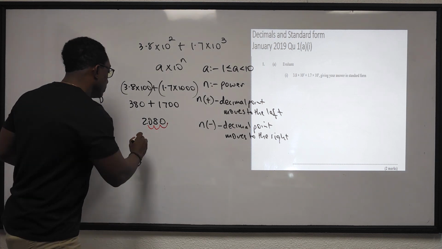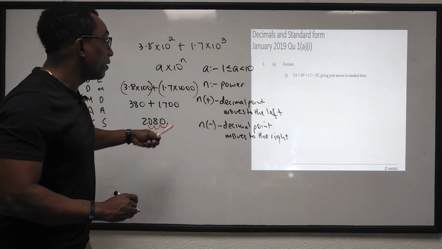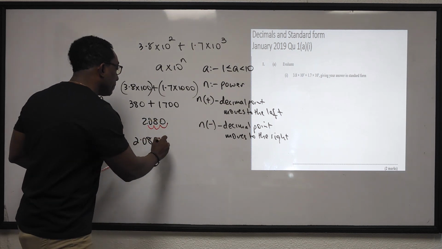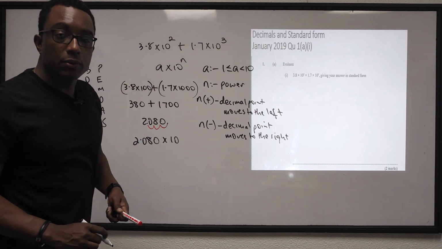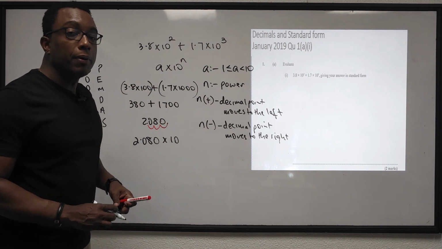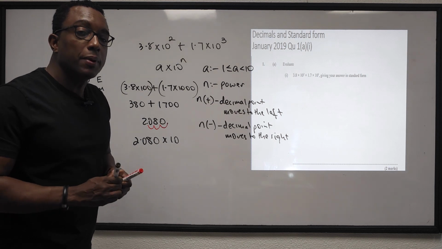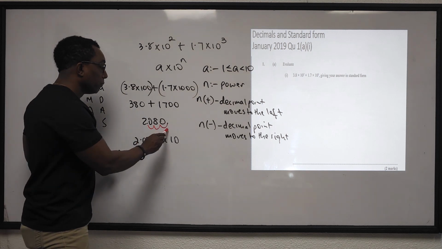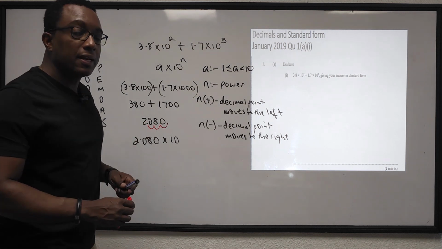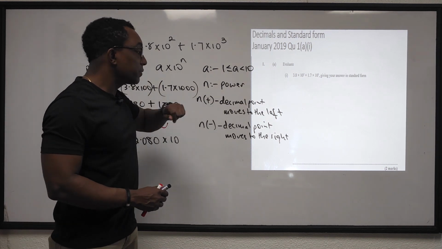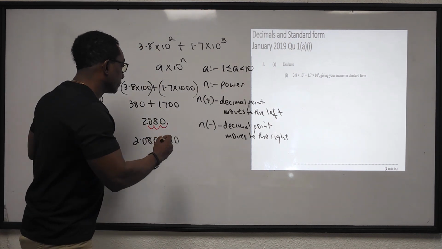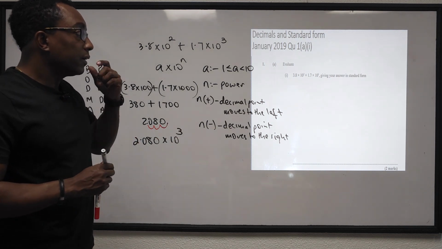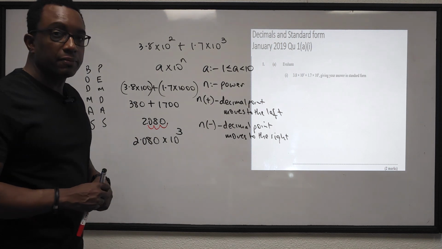So this becomes 2.080, which now represents A and now lies within 1 to 10, multiplied by 10, which is always fixed, and n is your power, and your power is dependent upon how many places your point moves and the direction. So my point moved 1, 2, 3 places to the left, and remember, when your decimal point moves to the left, the power is positive. So this will be positive 3. So your result for the question shown in standard form is what we have here.